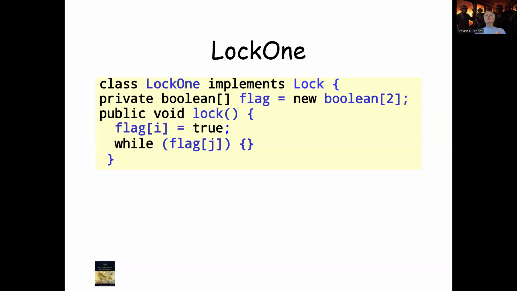So can I call lock with one thread and get through, and then call lock with the other thread and get through? Well, you have to do it at the same time. If they both call lock at the same time, will they both get through, or will one of them be stopped? Well, they could both be stopped.